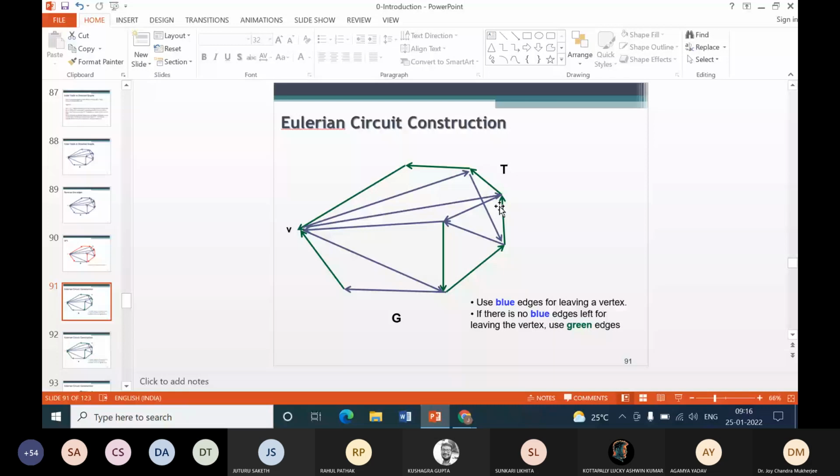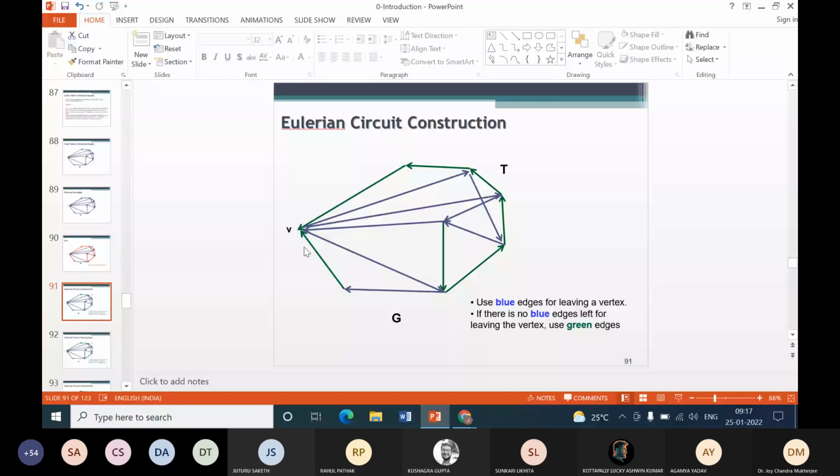We go by these blue edges, and when you are not left with any blue edges, you go by the green edges, because these green edges will tell you how to come back to V. Okay, so that is how this algorithm works.